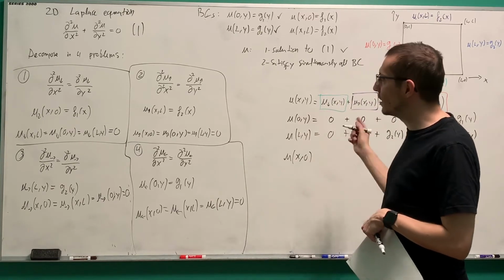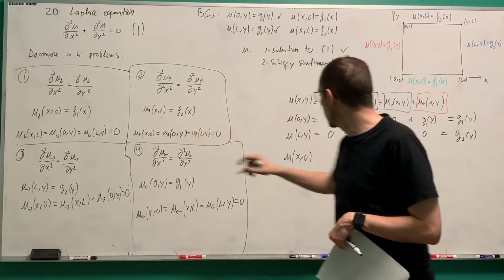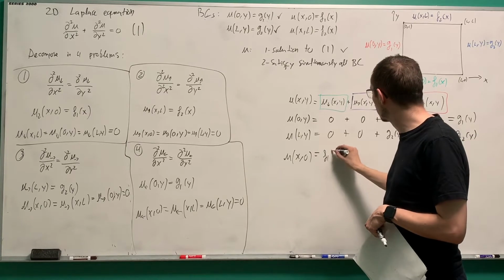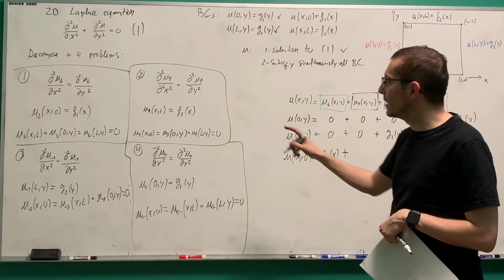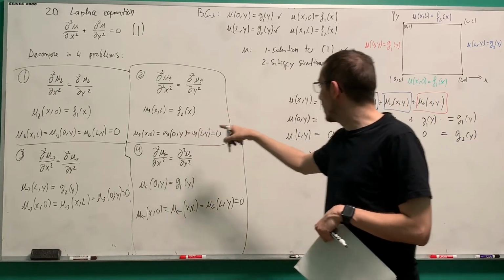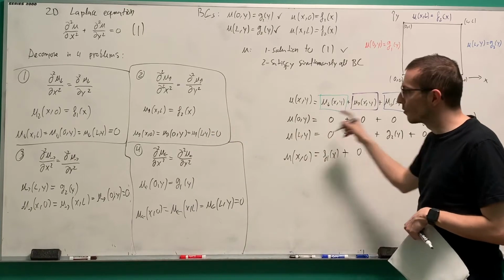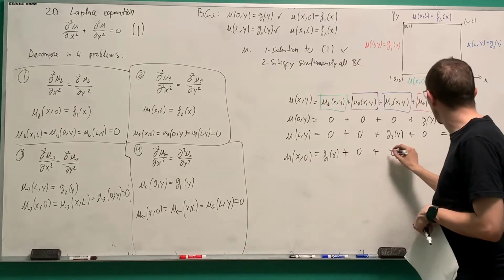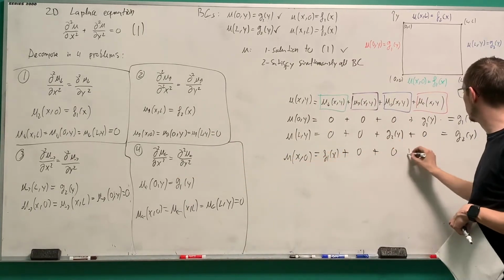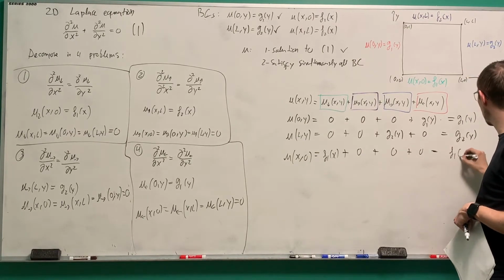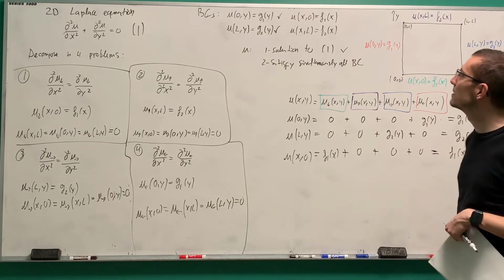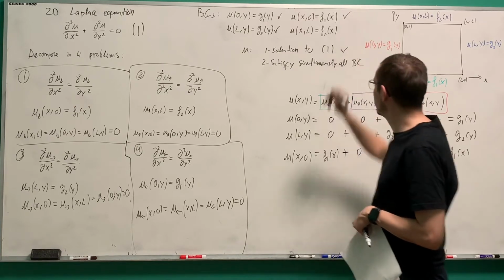u of x, 0. u down of x, 0 is f1 of x. Then u up of x, 0 is 0. u right of x, 0 is 0. u left of x, 0 is 0. So this thing is f1 of x, and that means that we satisfy this one.